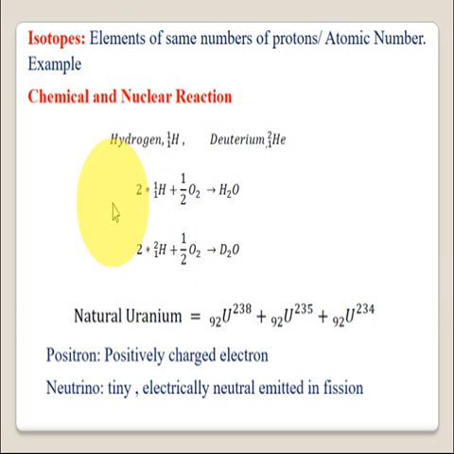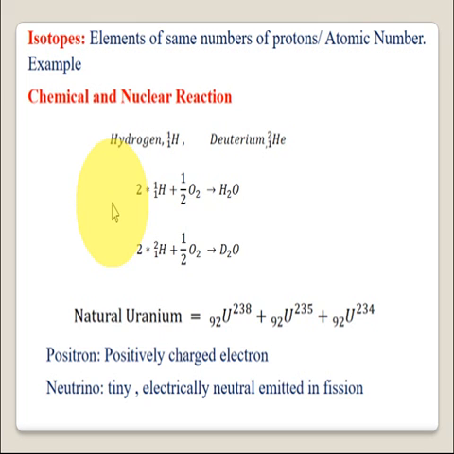In chemical reactions, the elements combine together and form another product. But the atom in a chemical reaction does not change its composition. The atom remains as it is in chemical reactions.